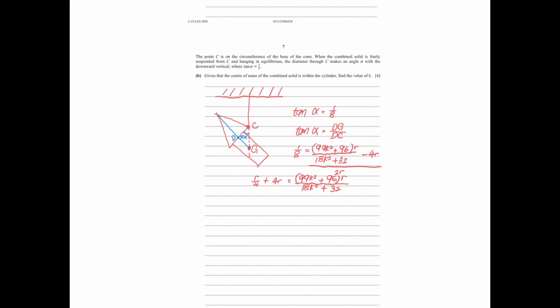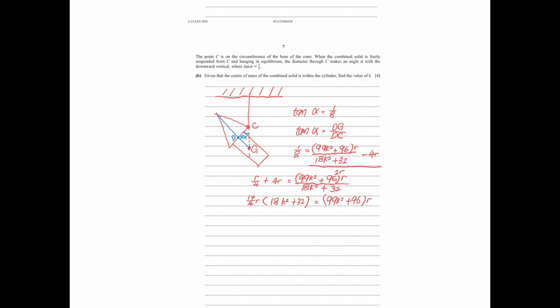Let's keep doing this. I cross multiply the denominator to the other side. Meanwhile, I add this up to be 17 over 4R. So 17 over 4R multiplied with 18k squared plus 32 equals 99k squared plus 96R.